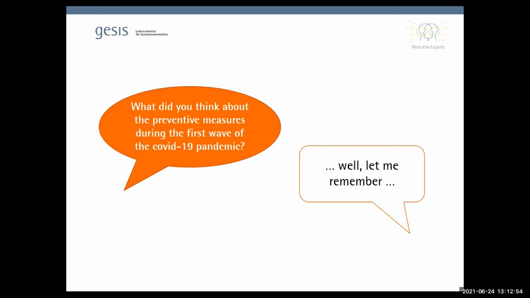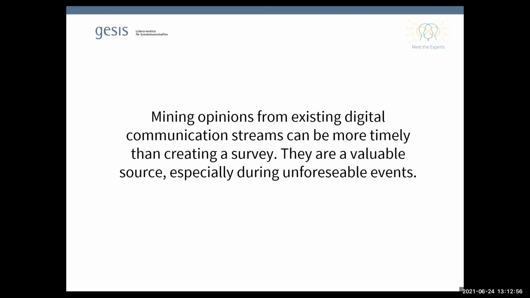And that is a not uncommon problem in creating survey-based research, that often the period from getting the survey out into the field and the potential events it might relate to cannot be kept very short in many cases due to the necessary preparations.